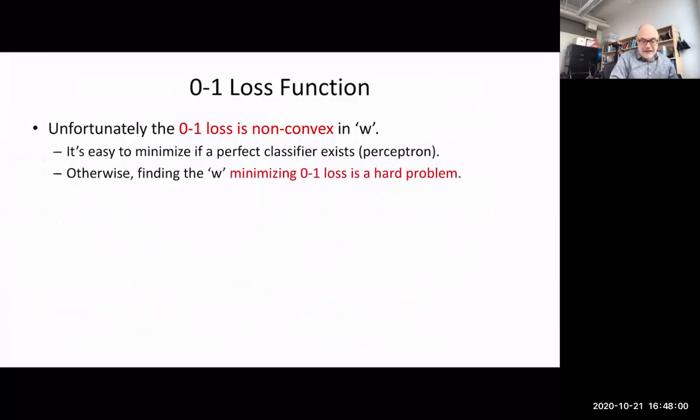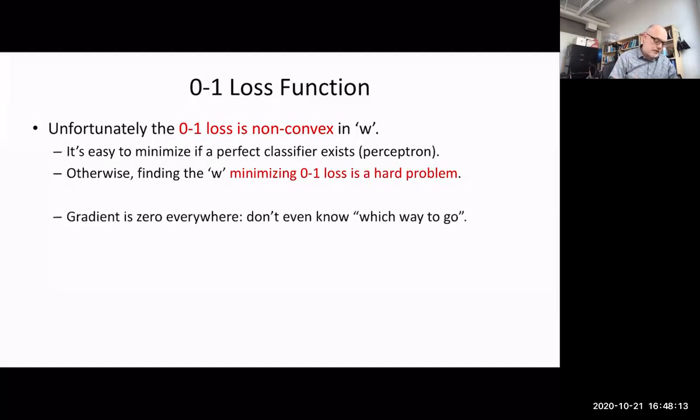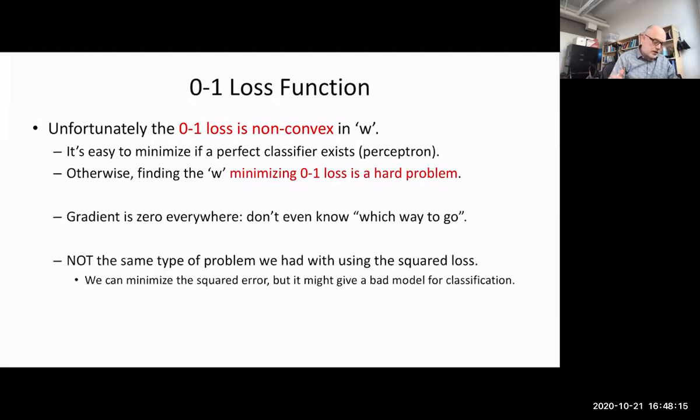You know, there is an algorithm. That's why we've talked about the perceptron algorithm, if a perfect classifier exists, if the data is linearly separable. Otherwise, finding the W that minimizes this 0-1 loss is a very hard problem. Gradient is 0 everywhere. We don't even know which way to go, so we can't do gradient-type methods. And this is not the same kind of problem we had with the squared loss.